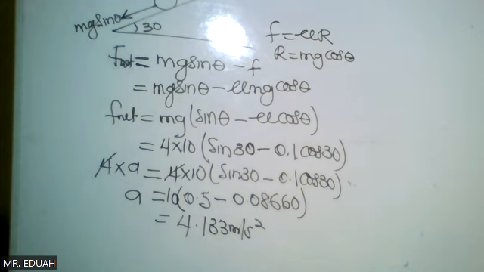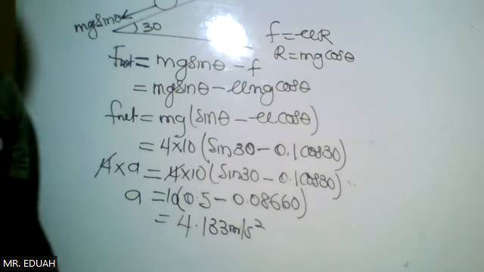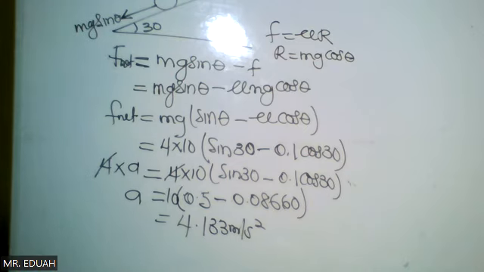Check to see what happened in your solution. 0.4134 times 10 is 4.134 meters per second squared. Okay, then the velocity just before it hits.